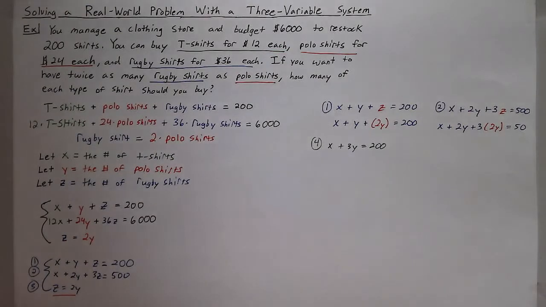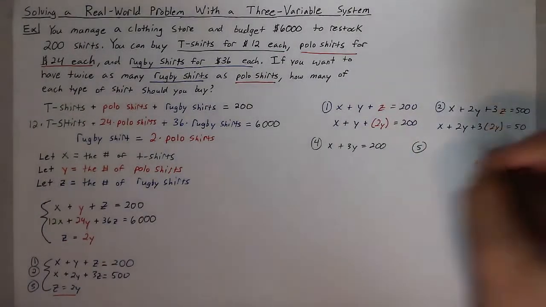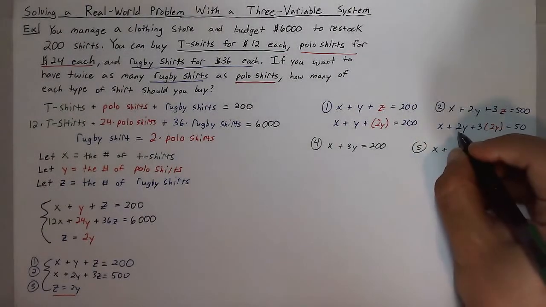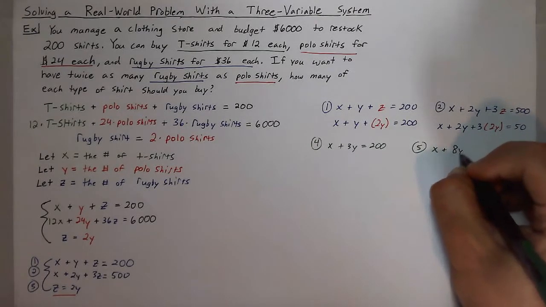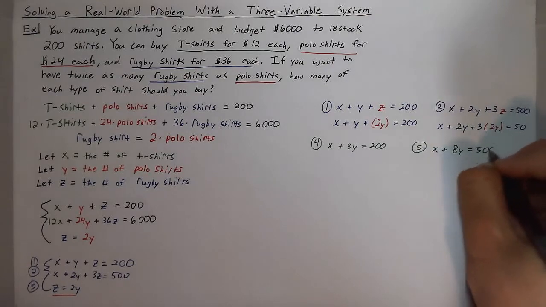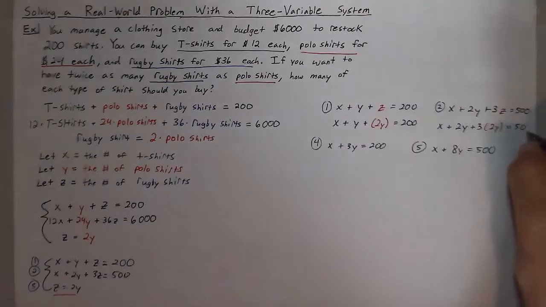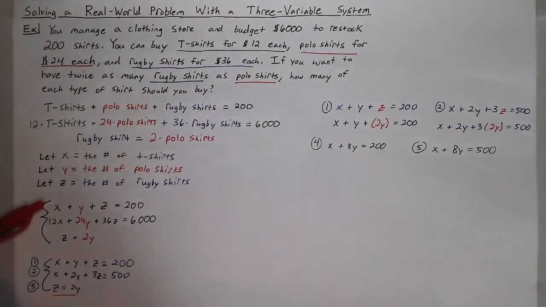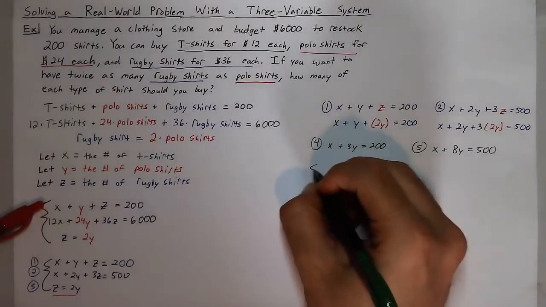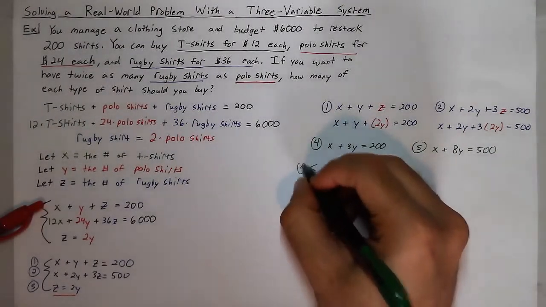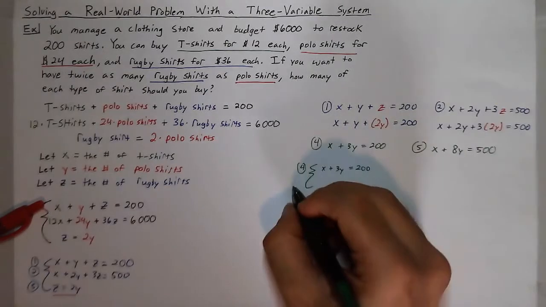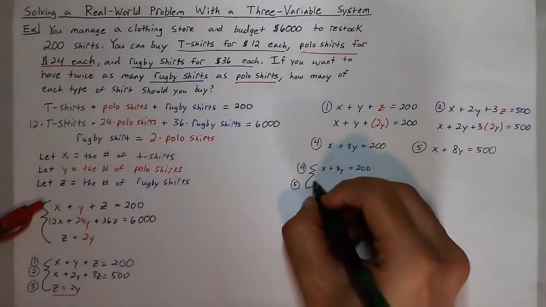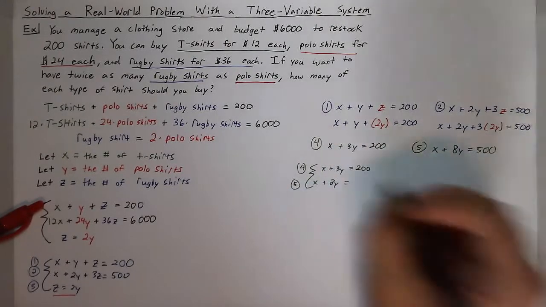Which gives me my new fifth equation to be x plus 2y plus 6y, which is 8y, is equal to 500. Now I have a new system I can work with, which is x plus 3y equals 200, and x plus 8y equals 500.